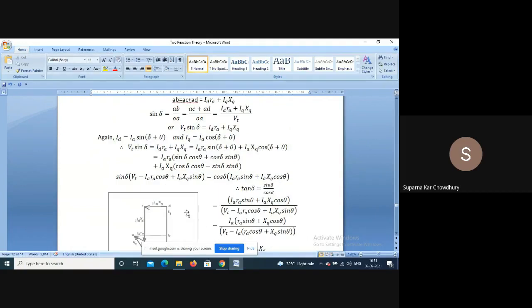So this is IaRa. The component of IaRa along the direct axis is IdRa, plus IqXq.